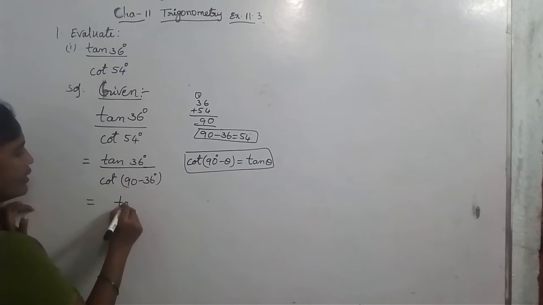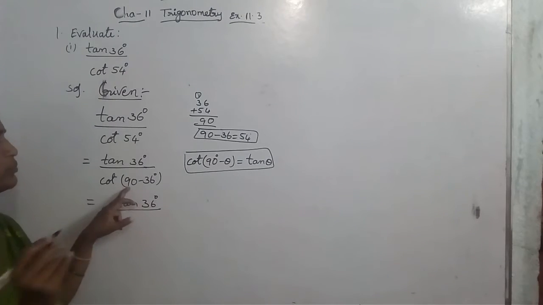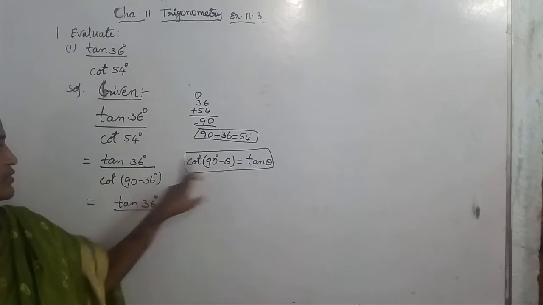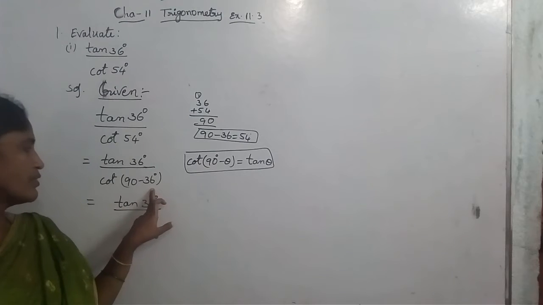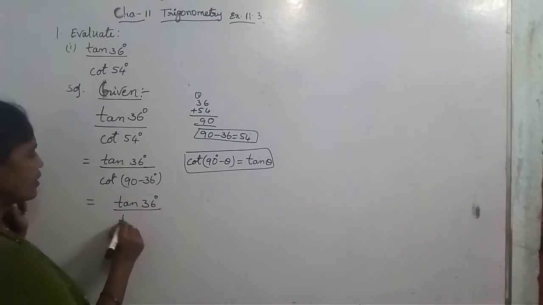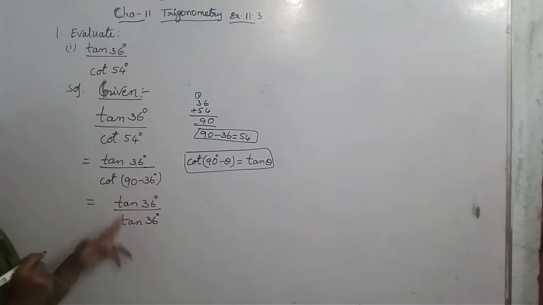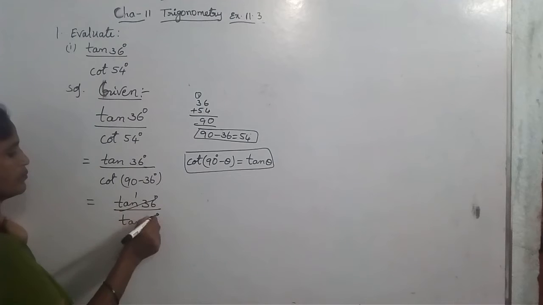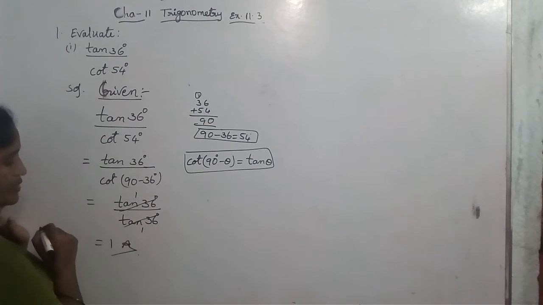From this, tan 36 degrees by cot 90 minus theta, with theta as 36 degrees, means the denominator cot 90 minus 36 becomes tan 36 degrees. See, numerator and denominator have the same values, so they cancel. The answer is 1. What is the answer? 1.